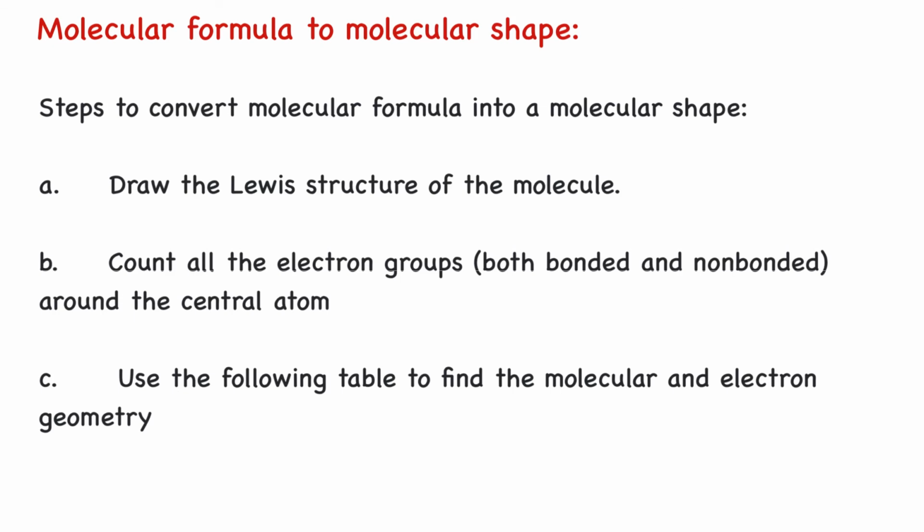First, we draw the Lewis dot structure of the molecule. We have practiced this step extensively in previous videos. Step 2. Count all the electron groups, both the bonded and non-bonded, around the central atom. Third step. Use the following table to find the molecular and electron geometry around the central atom.